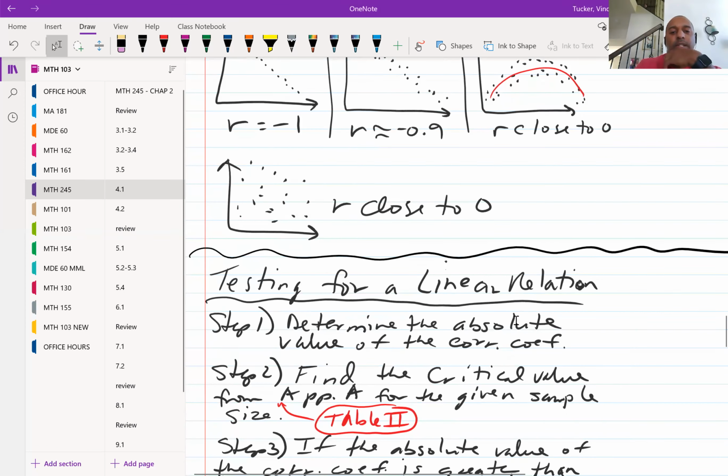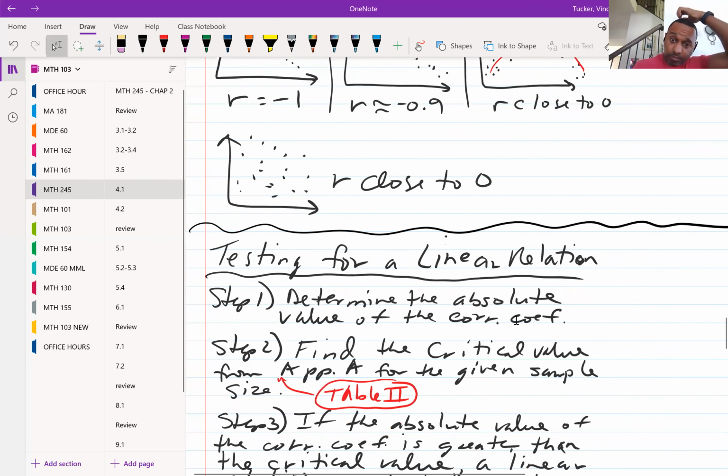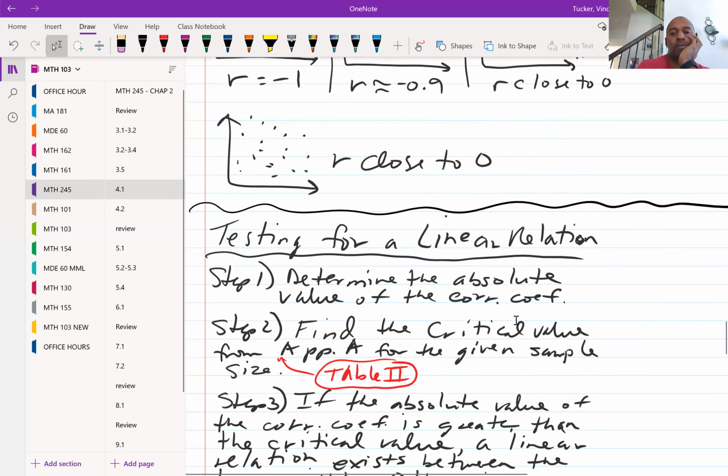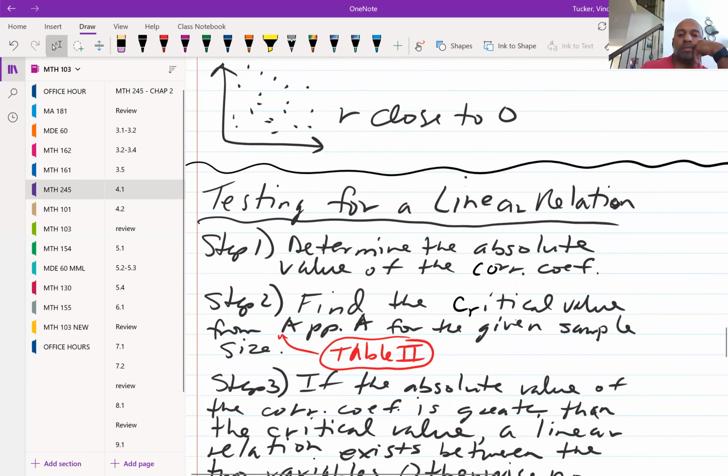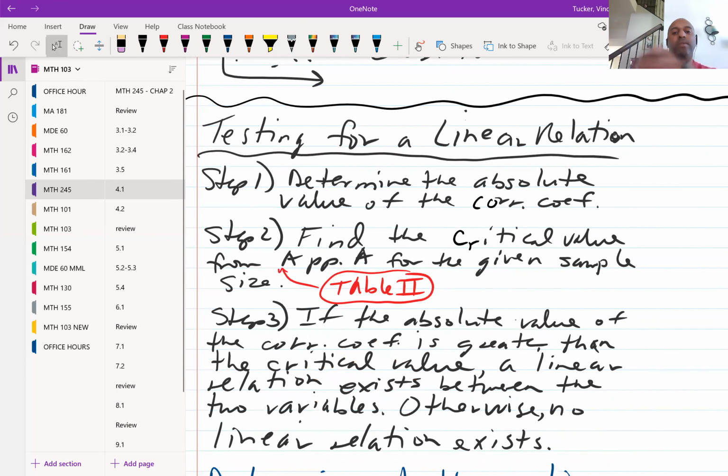All right, so the next thing is testing for a linear relation. Step one, we want to determine the absolute value of the correlation coefficient.